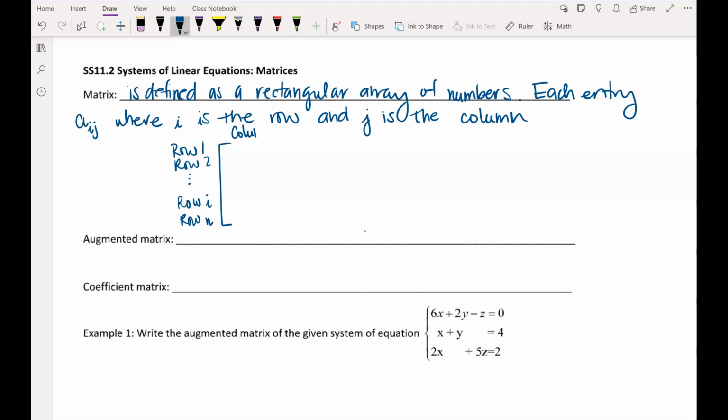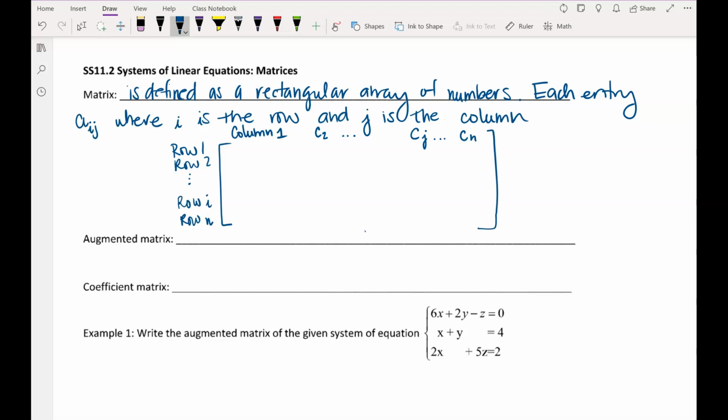So column 1, column 2, skip a few, let's say column J, and then column N, just like that, okay?